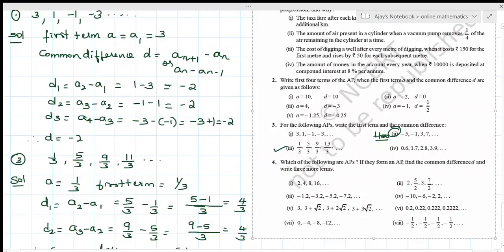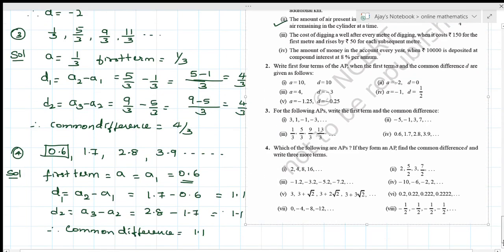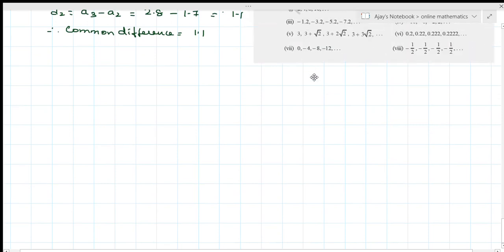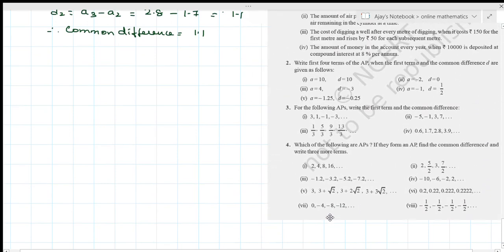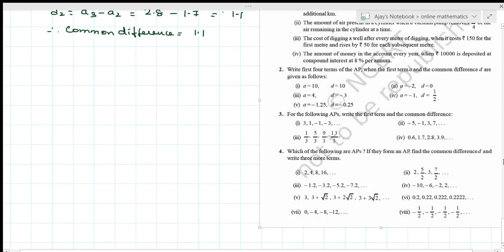Question number 4 reads, which of the following is an AP? If they form an AP, find the common difference and write 3 more terms.